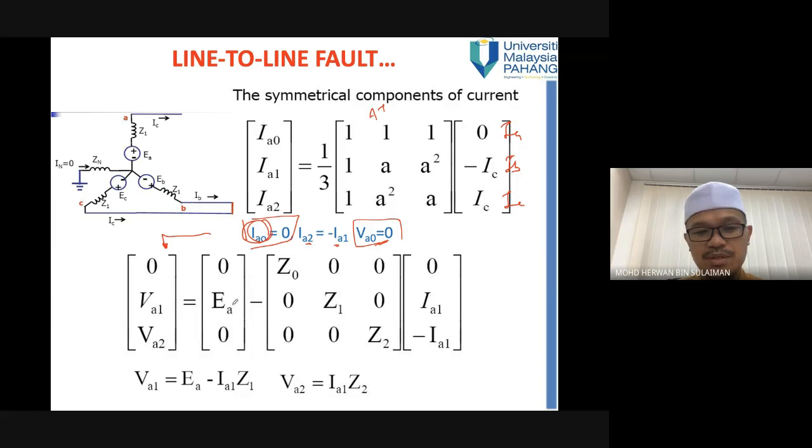This zero sequence one is no need to calculate, but VA1 equals EA minus IA1 times Z1, right? You expand this and you get it. And then VA2 equals minus Z2 times IA2, and since IA1 and IA2 are negative of each other, this one is IA1 and this one is minus IA1. So you get these two equations.